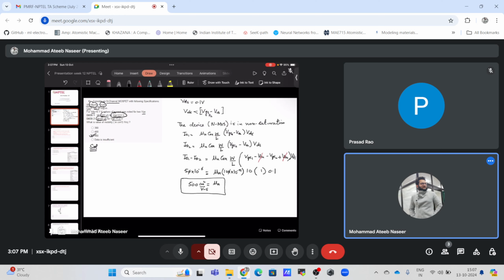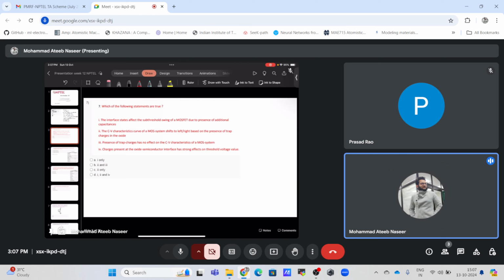Now moving to a conceptual problem. I guess we have seen this many times, so I will just state it over here. Which of the following statements are true? The interface states affect the subthreshold swing of a MOSFET due to the presence of additional capacitance. This is absolutely true.